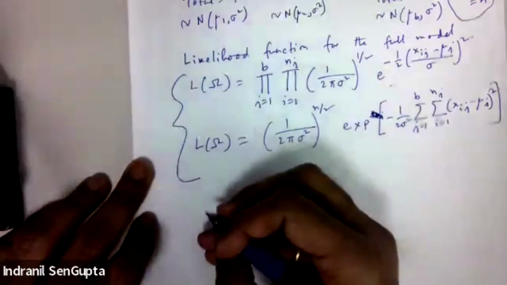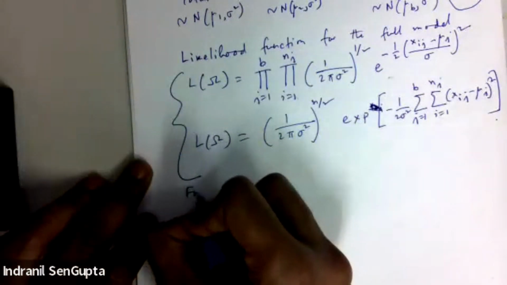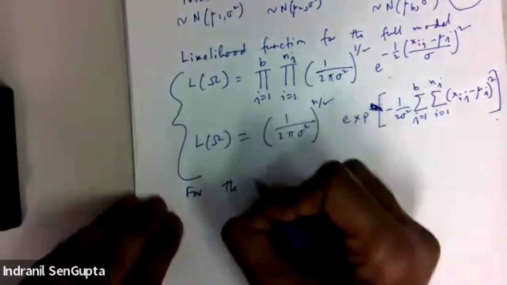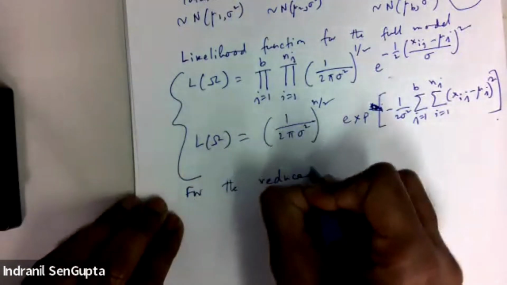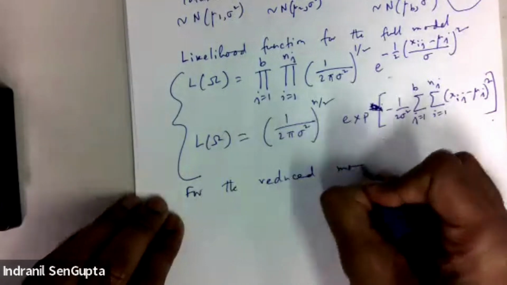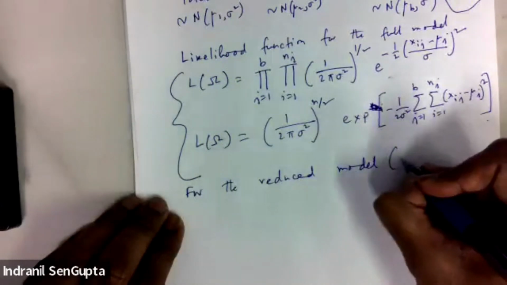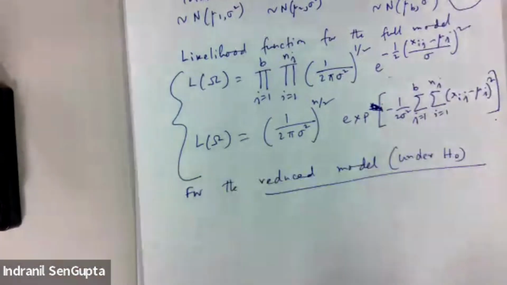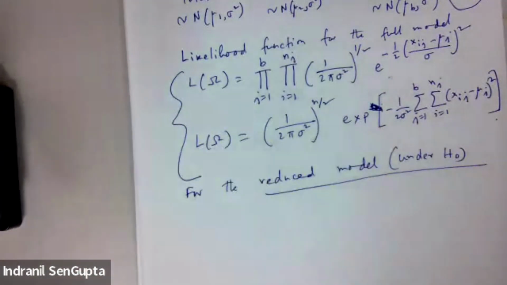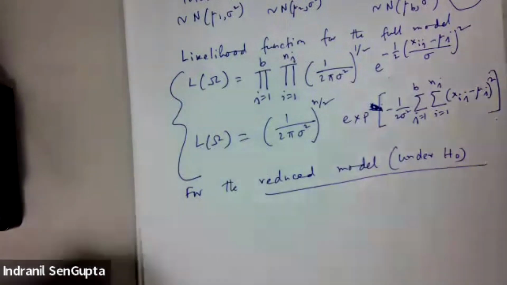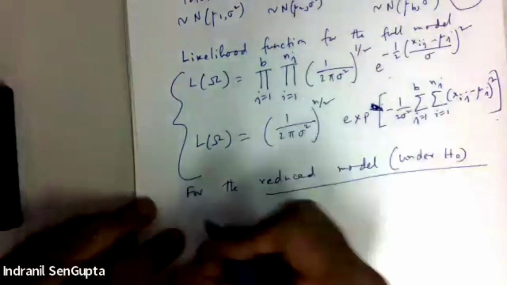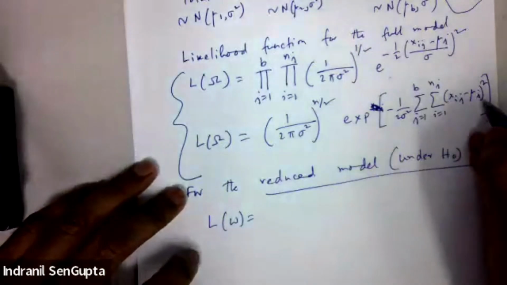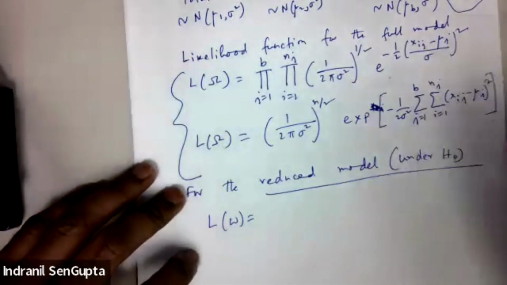For the reduced model, that means under H0, when we assume that all the means are the same, what do we have? We can write this L of omega. All the mu j's are now the same mu.